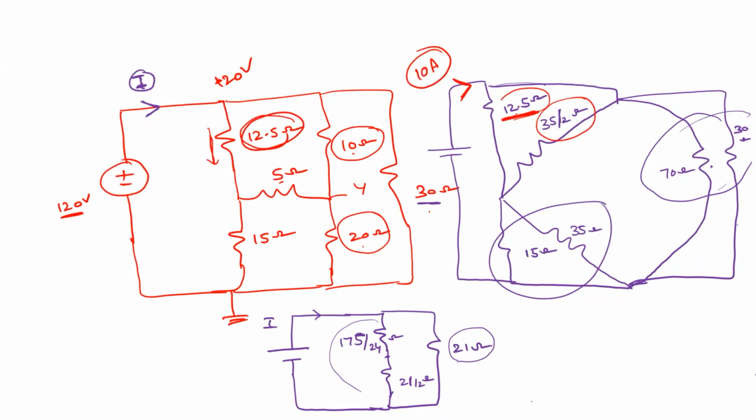Then you can find the equivalent current flowing through the 12.5 ohm. But it requires more insight to find the currents because we are modifying the circuit. For example, this 10 ohm resistor, you convert it to its equivalent delta, but this 10 ohm resistor no longer exists, right? So the idea is just to simplify the circuits. This is one of the theorems. That's all.